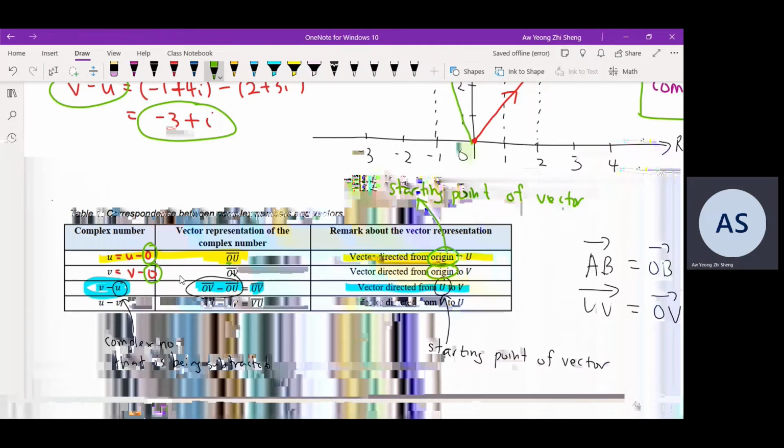And the ending point of your vector will be the complex number that is before the minus sign. So for U minus 0, it is a vector from O to U. V minus 0 is a vector from O to V. V minus U is a vector from U to V, and for U minus V, the last row here, because V comes after the minus, point V becomes the starting point of your vector representation.